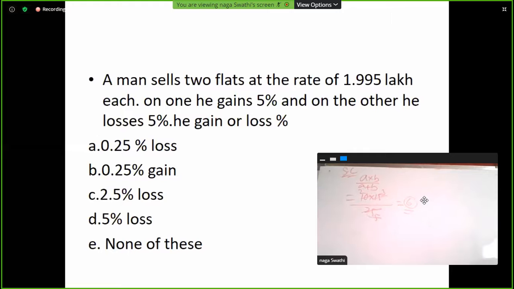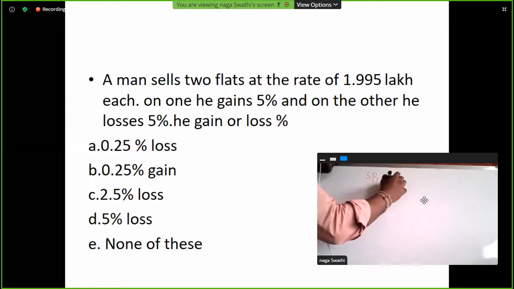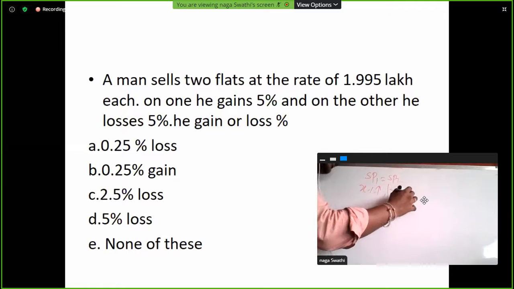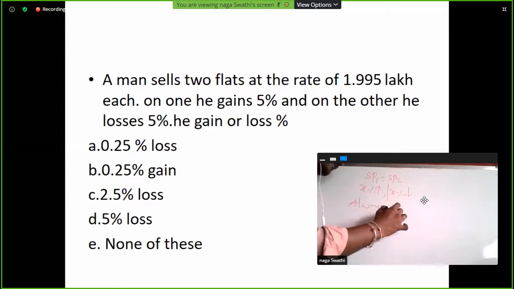So here, what is the keyword? Selling price, not cost price. If the selling price is constant, what is the formula? What is the shortcut? If the cost price is the same, no profit, no loss. If X% profit on one article and X% loss on another article, with SP1 equal to SP2, we always get a loss.